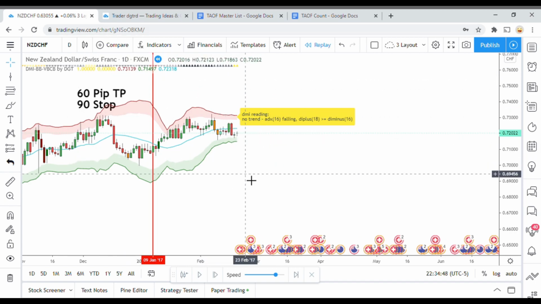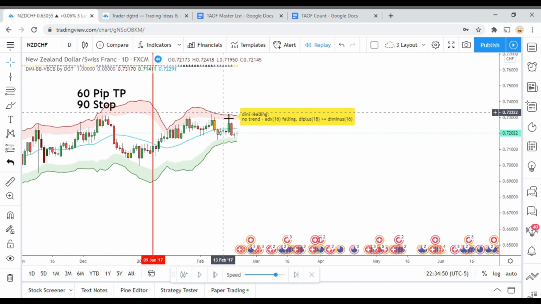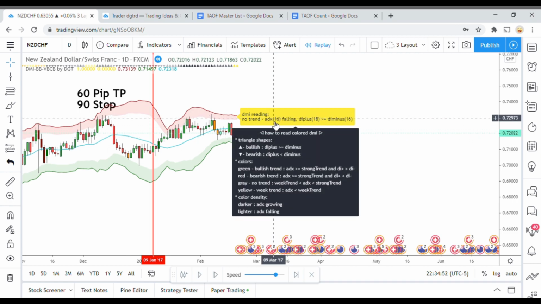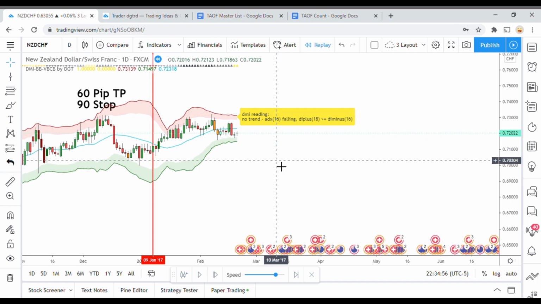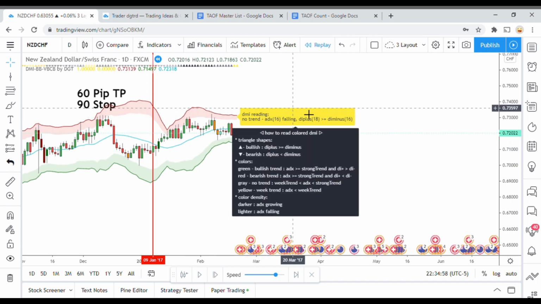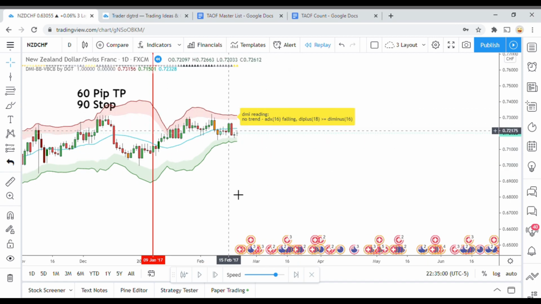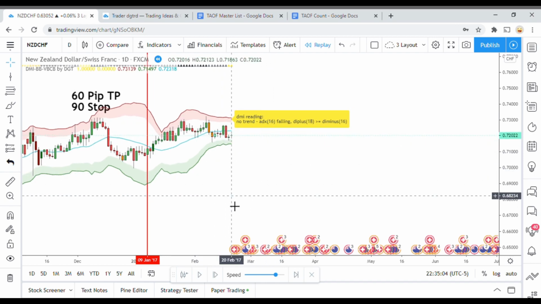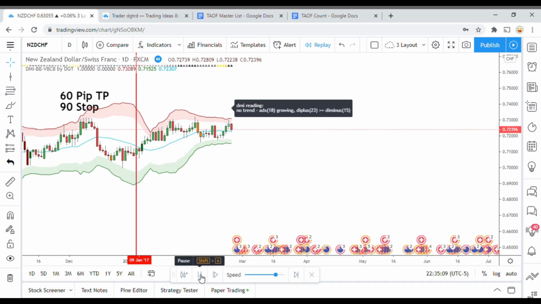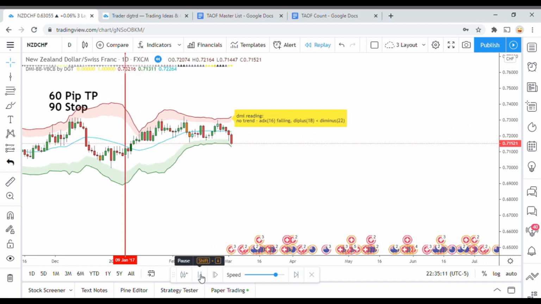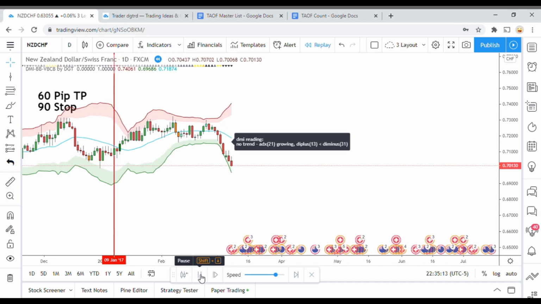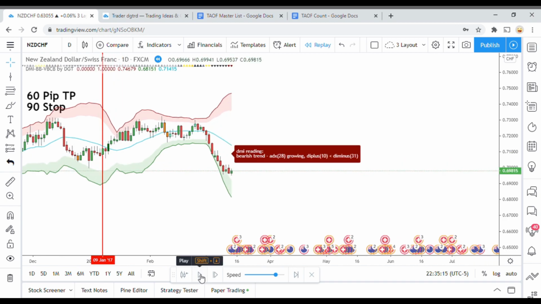It has a lot of descriptions on how exactly you can use some of the other pieces of this, but it does not appear to me that a weak trend is really giving us much information as far as whether we should be going short or long. So we just ignore that piece and keep moving on here.